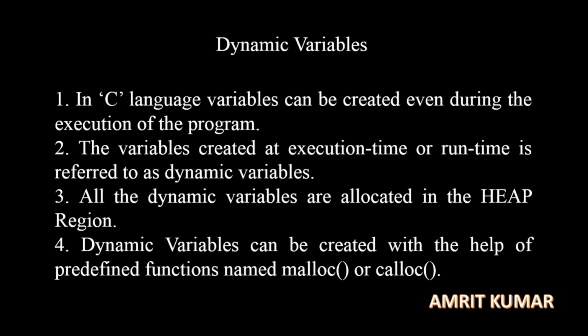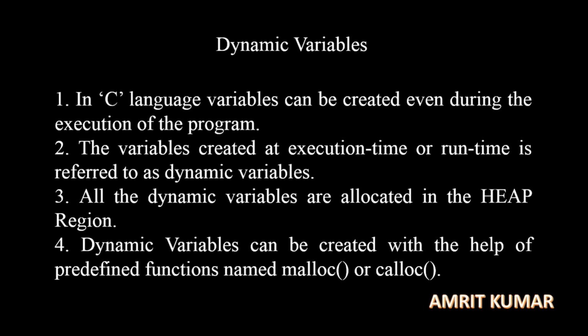The final point is that a dynamic variable can be created with the help of the predefined functions named malloc or calloc. As we have said, a dynamic variable is created during the execution time, or run time, using the functions malloc and calloc. This is a very important point.